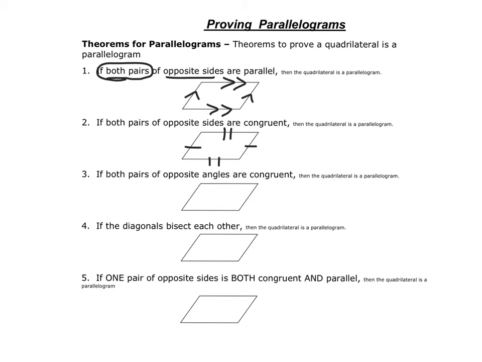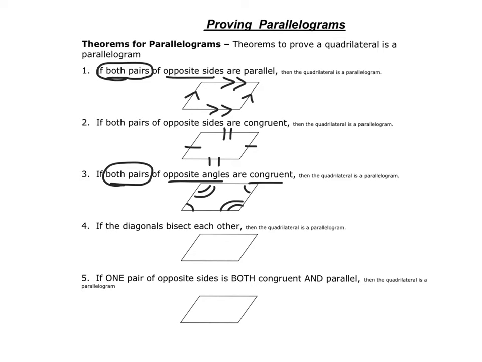The third theorem says if both pairs of opposite angles are congruent, then the quadrilateral is a parallelogram. So we're going to mark the opposite angles congruent. And if both pairs of opposite angles are congruent, then the quadrilateral is a parallelogram.